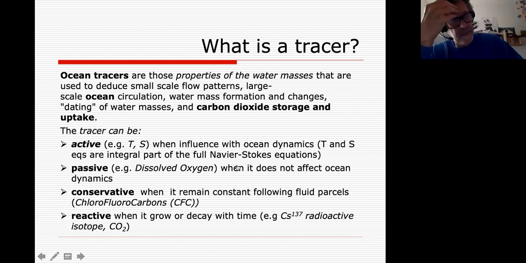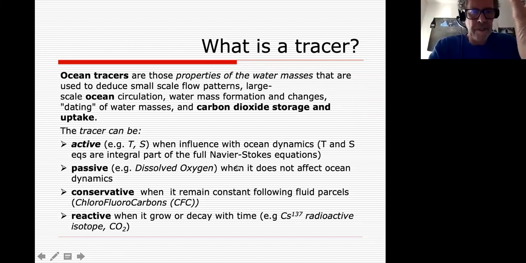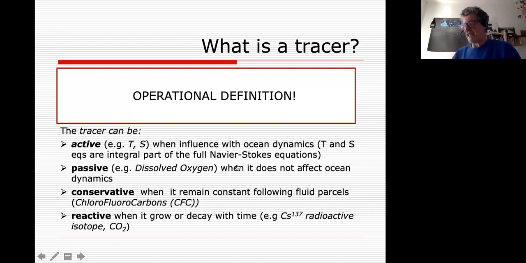And oceanographers talk often about ocean tracers, which are properties of water masses that are used to deduce small scale flow patterns or large scale ocean circulation, water mass formation changes, dating of the water masses, and carbon dioxide storage and uptake. This is quite an important issue, and we'll talk about it later on Friday. And this is an operational definition, in the sense that we don't care about the chemistry, biology, or other properties.